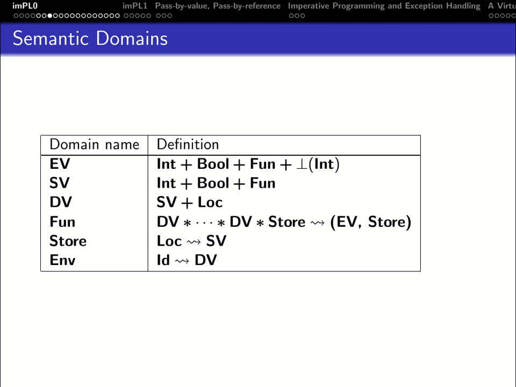There's nothing else that is really interesting as a result of an expression, right? Whereas expressible values are things that can sit in the operand stack, so we also have exceptions there, right? Storable values don't contain exceptions.